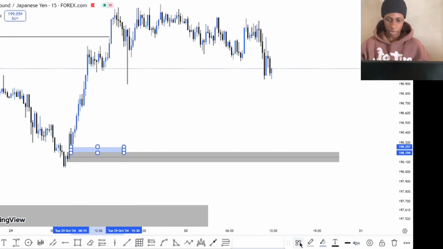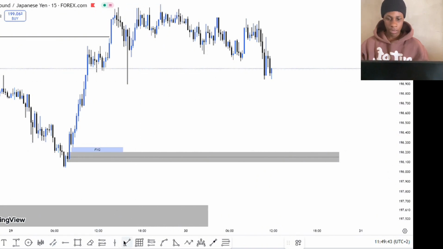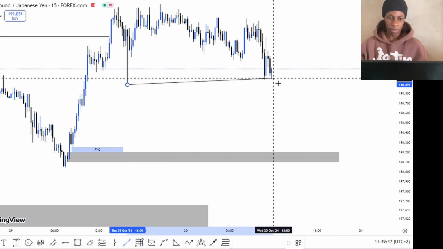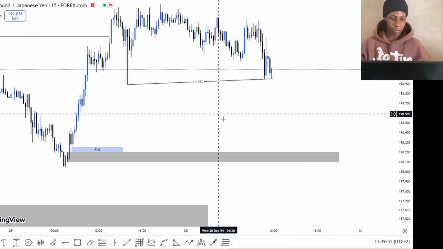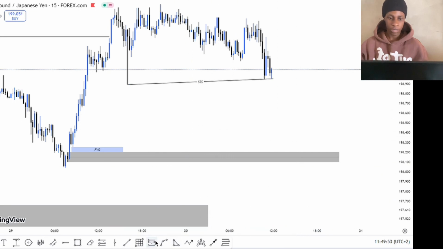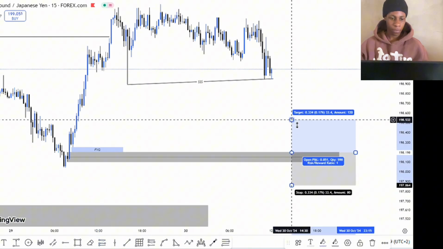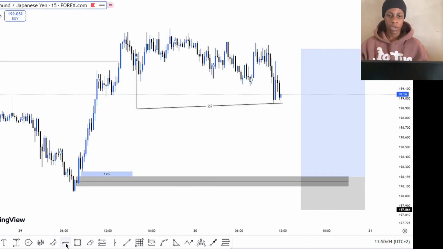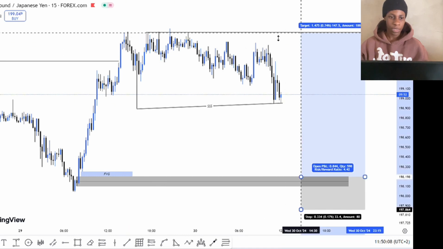Since we have already allocated our zone, what we need to do next is identify the fair value gap which needs to be filled, which is this imbalance right there, and then the liquidity which needs to be swept is this area right there. This is the liquidity which needs to be swept so that price can tap into our zone.